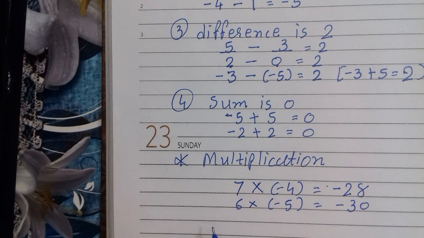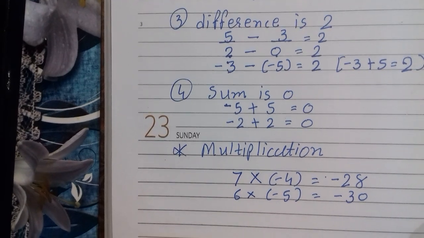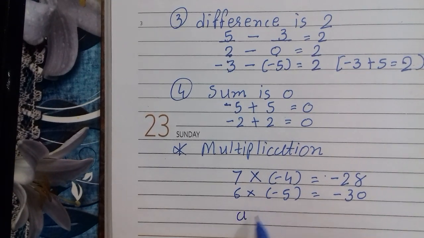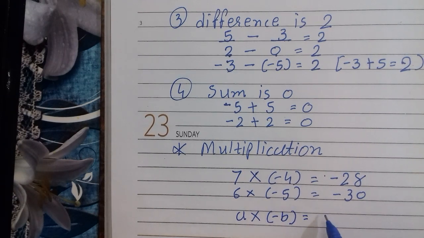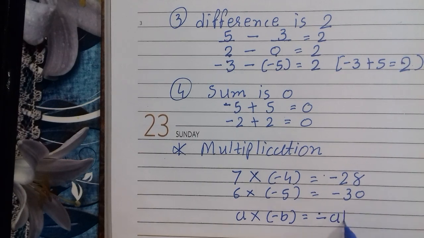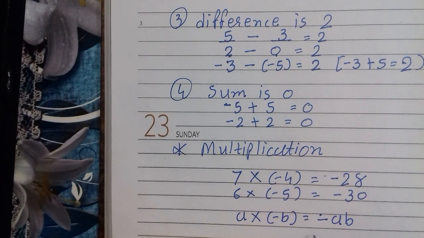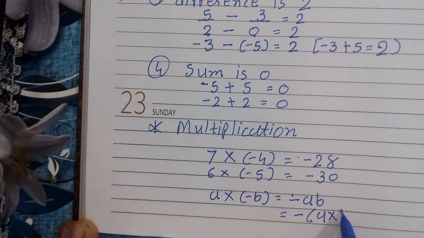So, in general, for any two integers a and b, a multiplied by minus b is equal to minus ab or minus a multiplied by b.